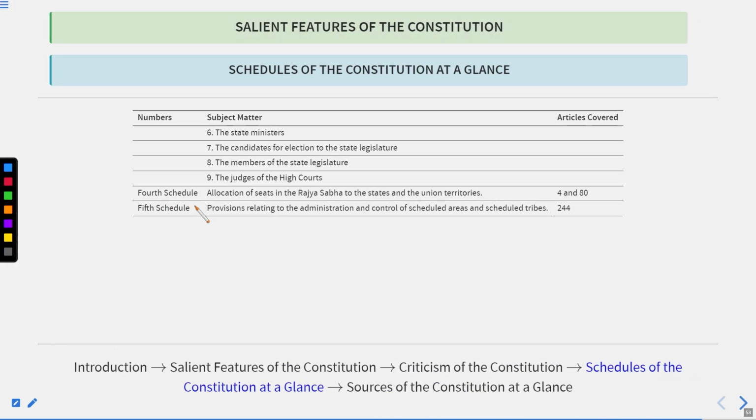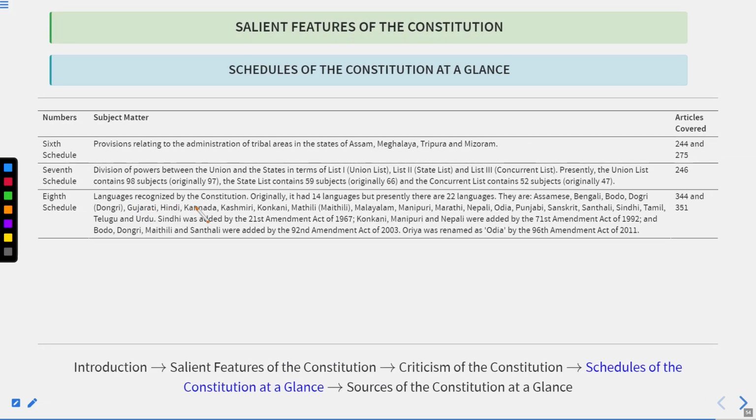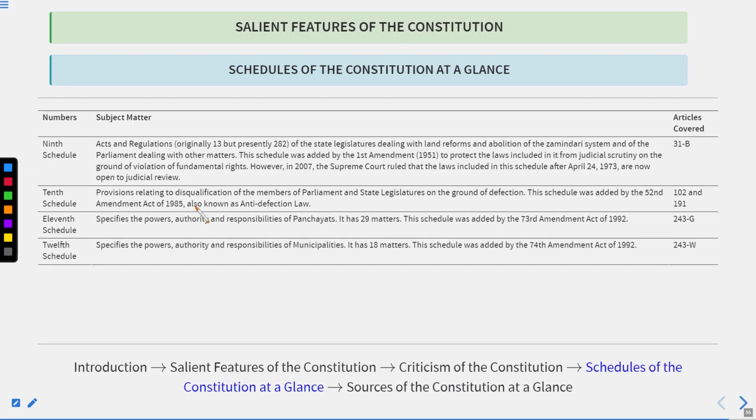Fourth and the fifth schedule. Sixth, seventh, and the eighth schedule. Ninth, 10th, 11th, and the 12th schedule. So here we have seen the 12 schedules and their contents. There is nothing to explain in them. You are only required to revise and keep this in your mind for your examination.